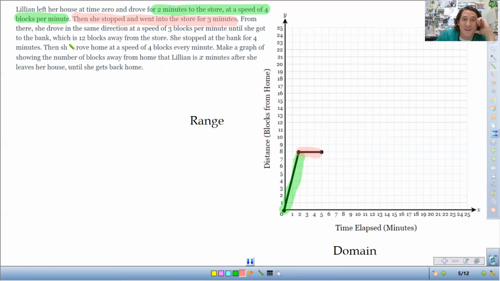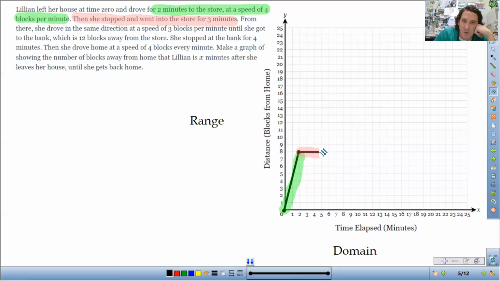From there, she drove in the same direction, so away from her house, at a speed of 3 blocks per minute until she got to the bank, which is 12 blocks away from the store. So we need to go 12 blocks away from the store. So we're going to go up to 20 at a speed of 3 blocks per minute.